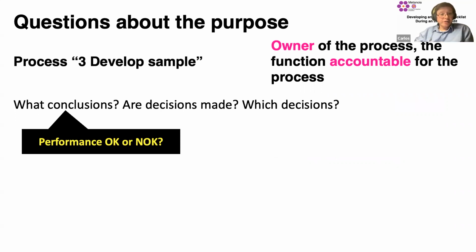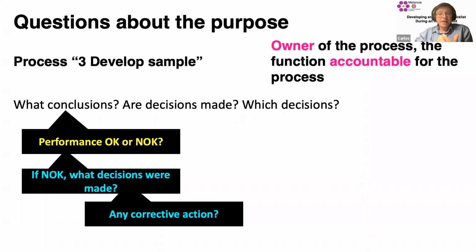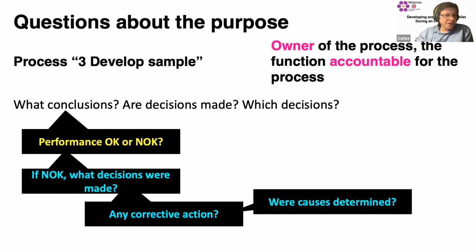What conclusions and decisions are made? Which decisions? Do nonconformance situations in process performance lead to corrective actions? Can I see an example? Were causes determined? Were real corrective actions taken?